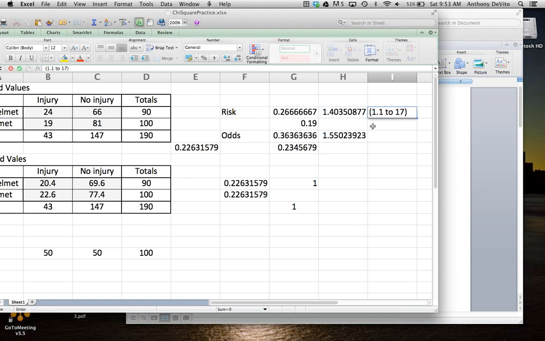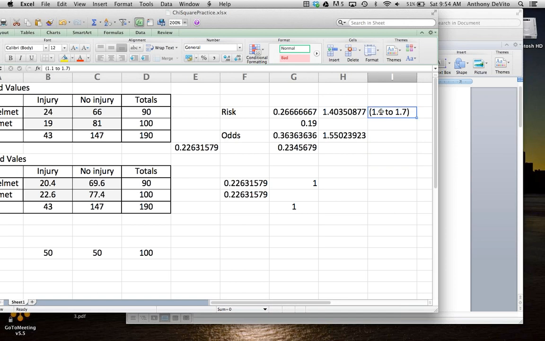So our confidence interval tells the relative risk. Even though we estimate it to be 1.4, we are saying that we're 95% certain that the real relative risk for the entire population of everybody who gets into a bicycle accident is 1.1 to 1.7.